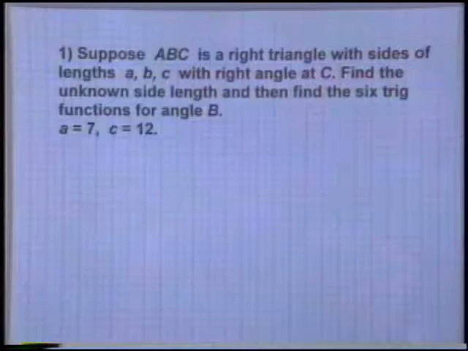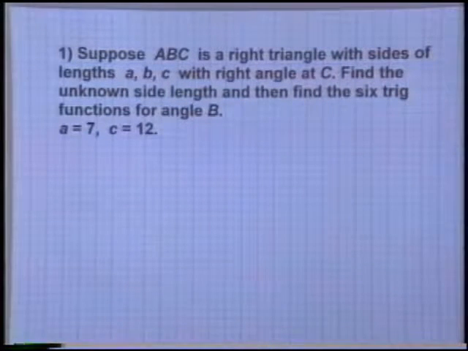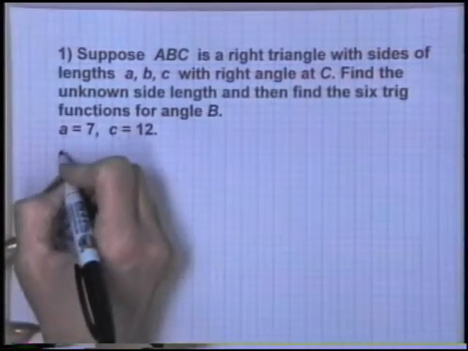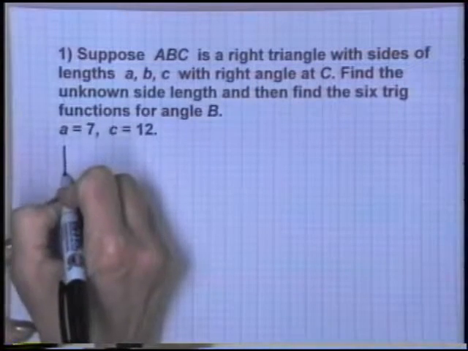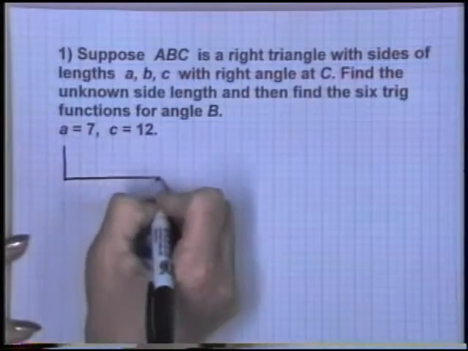Let's work some problems. Suppose ABC is a right triangle with sides of lengths a, b, c with right angle at C. Find the unknown side length and then find the 6 trig functions for angle B. Well, I'm going to sketch this triangle. Of course, you don't have to do that.